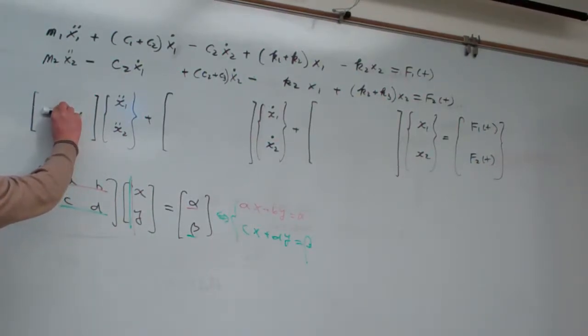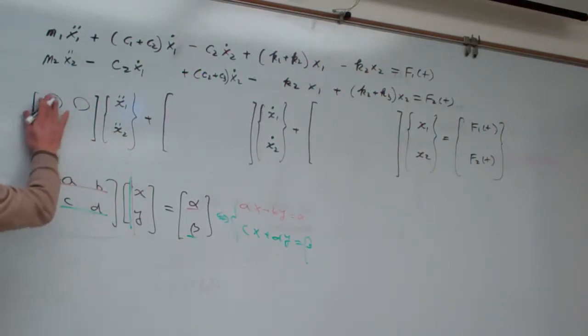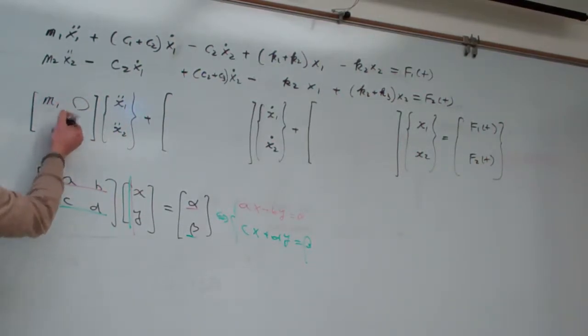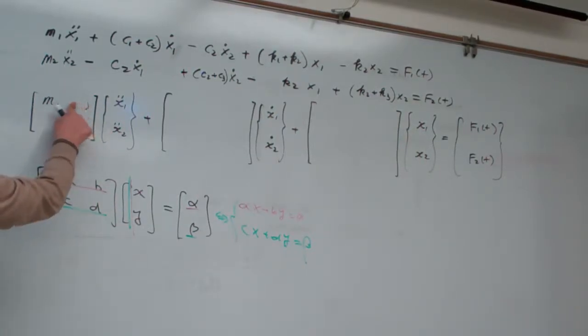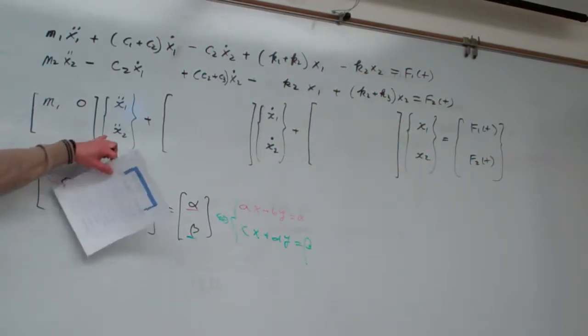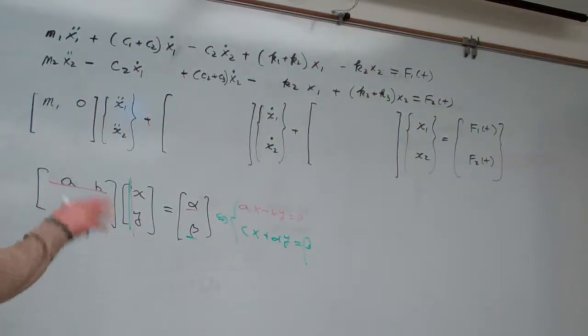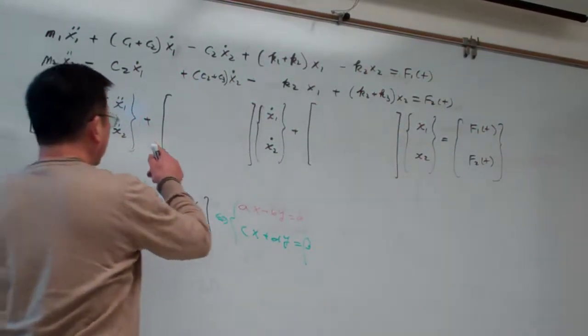For the first row, we have two elements here, multiplied with the two things. So here is m1, which comes to here, and multiplied with 0, without the extra double dot in the first equation, so that puts in 0.